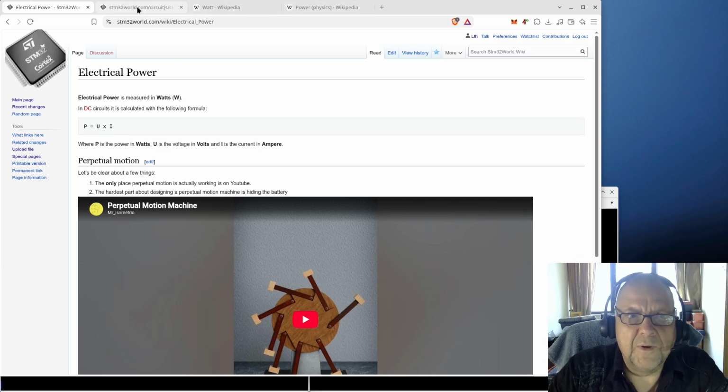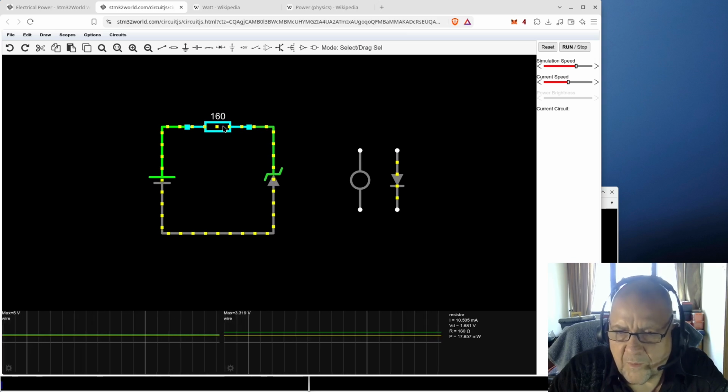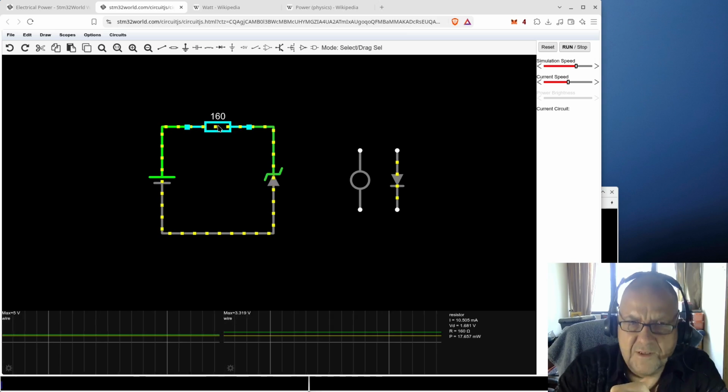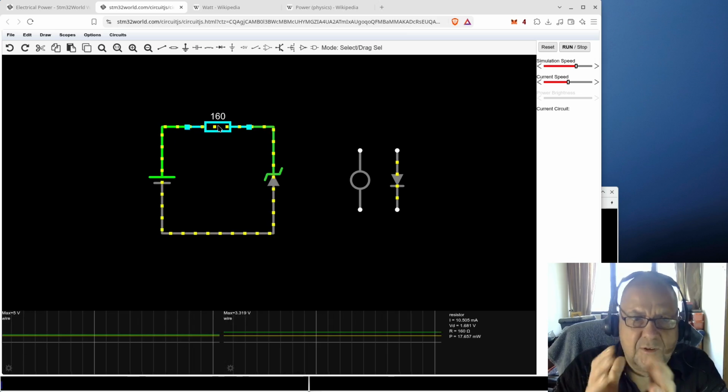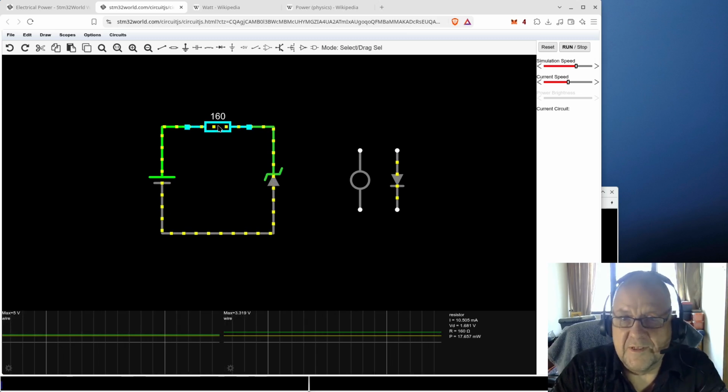If we look back at the simulation, we will see here that the current is roughly 10 milliamps and the voltage drop is roughly 1.6 volts. So we end up with the 17.5 milliwatts by multiplying the voltage drop and the current that is running through it. That results in the power.